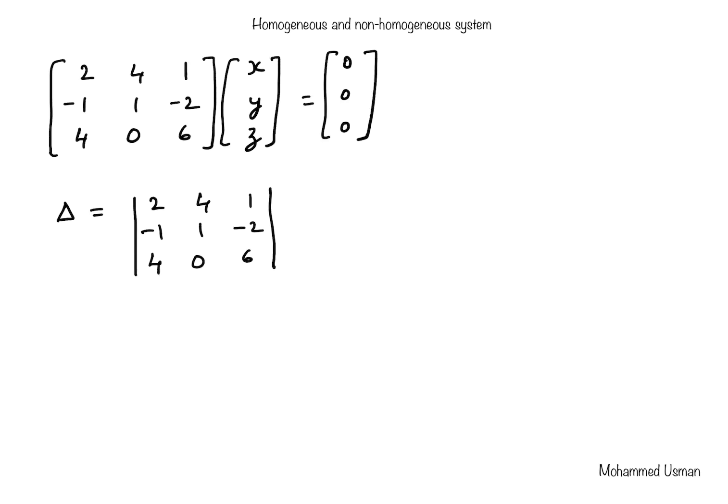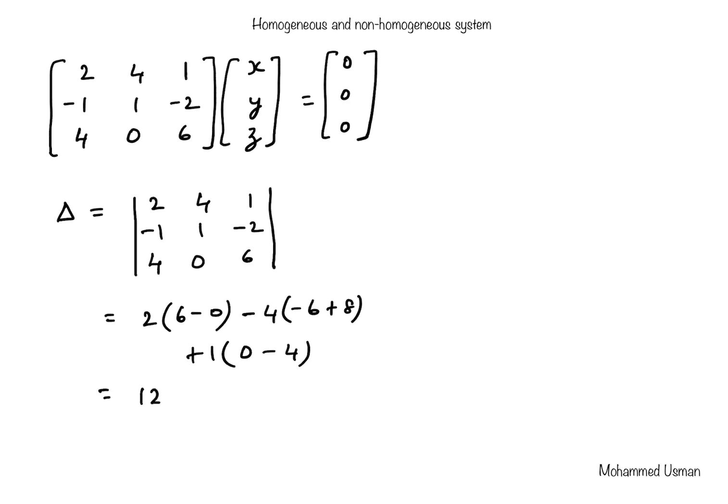All right. And when we compute this determinant, we get 2 into (6 minus 0), minus 4 into (minus 6 plus 8), plus 1 into (0 minus 4).